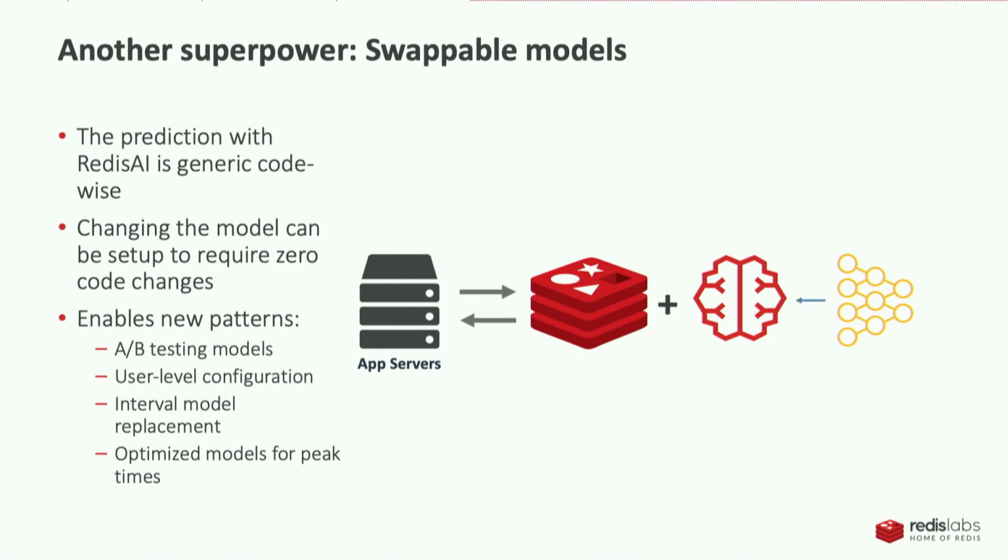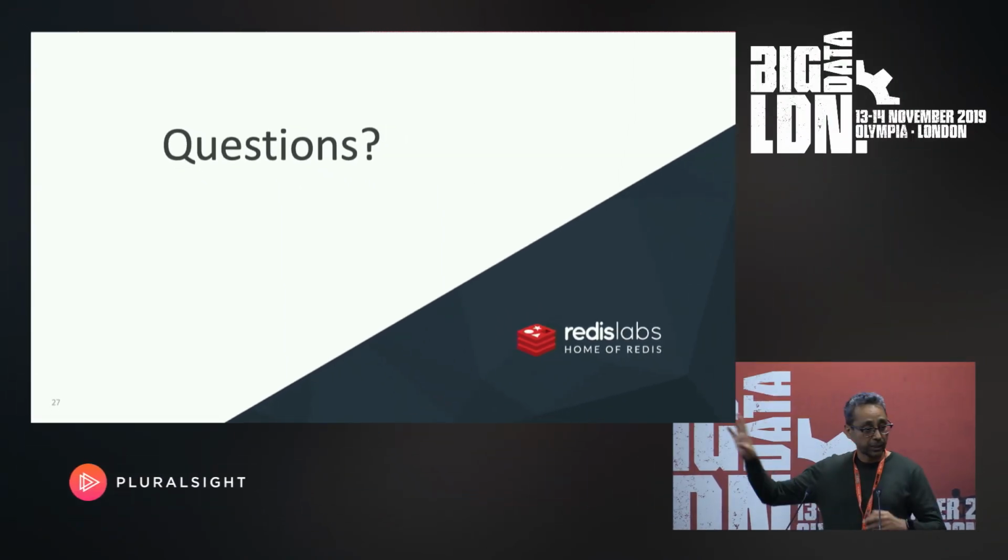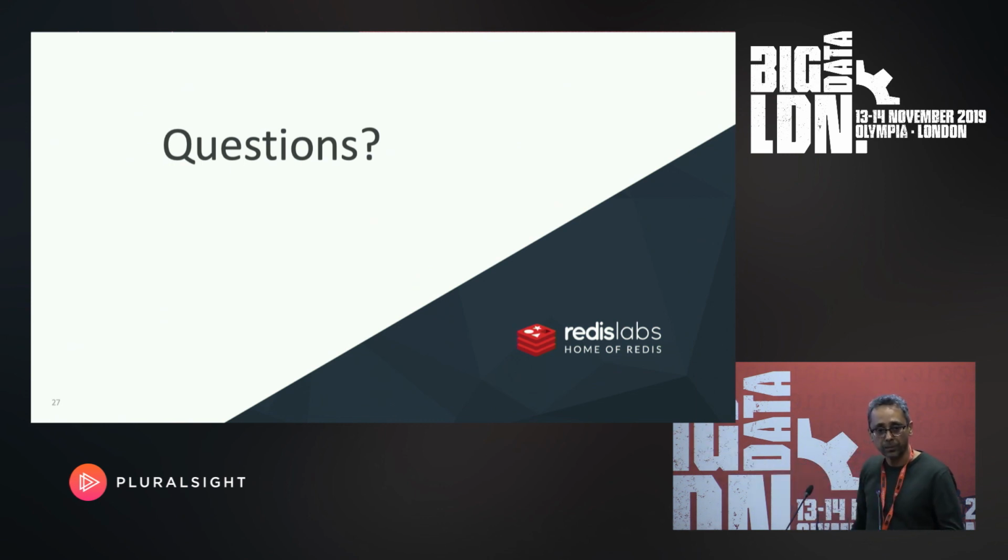If at peak times you want to run a different model, and at other times a different model, you can do all that kind of stuff there. So that's the end of the presentation. But GPU is also supported. It's fully multi-threaded, and it uses multi-GPU also. So I'm open for any questions.